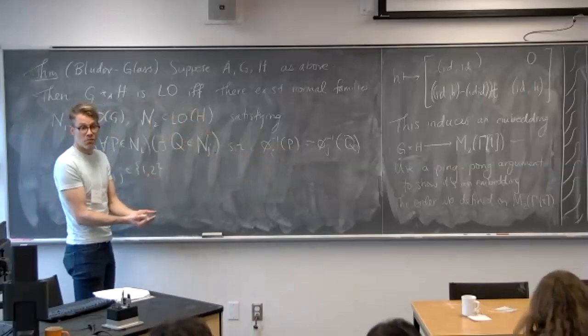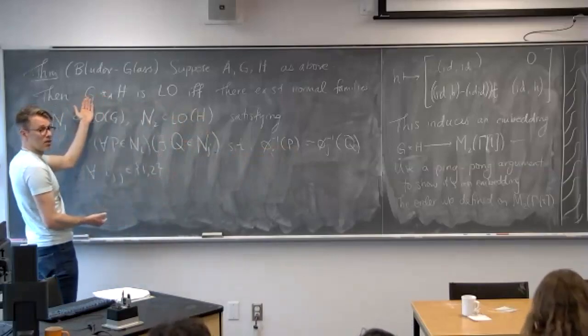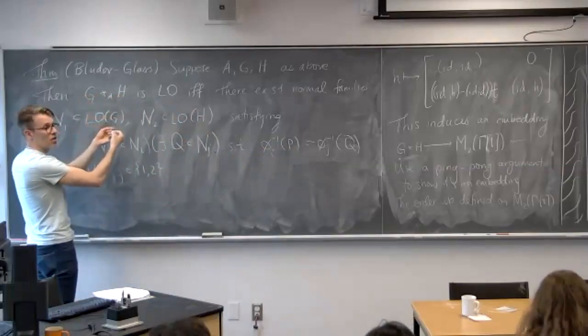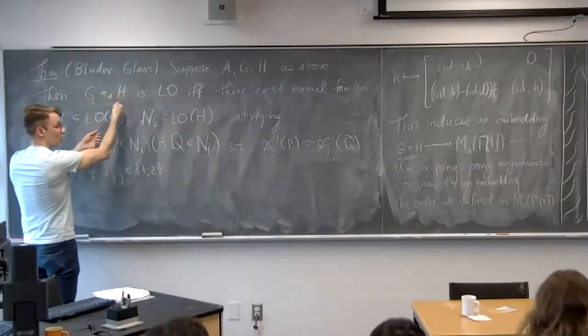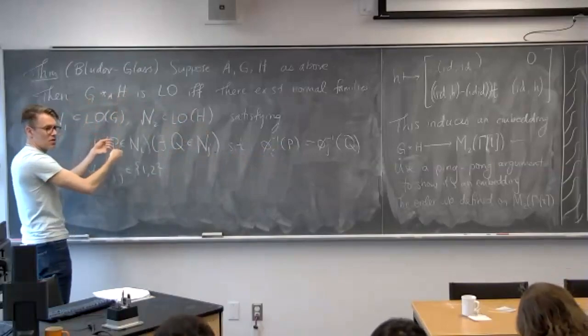And it has to go the other way too. So if I start with an order on G coming from the normal family, and then I take an order on H and restrict to A and they match, I have to also be able to start with one on H and then find a corresponding one on G and restrict to A such that they match.